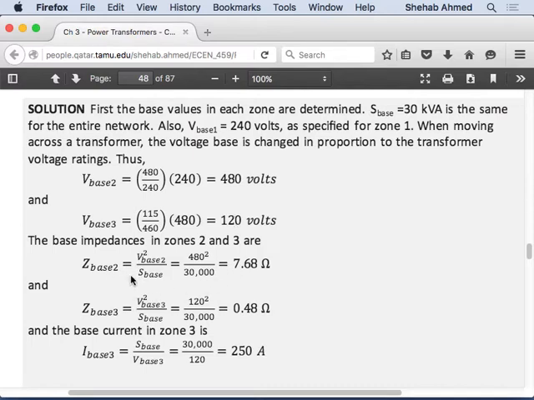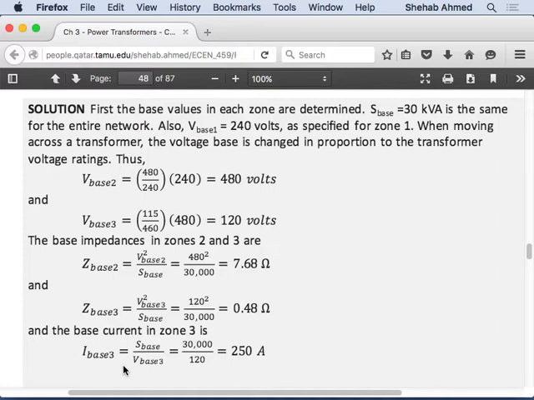So the impedance base in zone 2 is V base zone 2 squared over S base. S base is common. It's always 30 kVA. But the difference here is the two base voltages, right? So I calculated the base impedances in the two zones. And then they asked us for the load current in amps, for example.